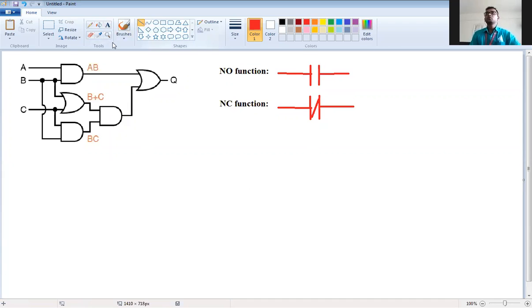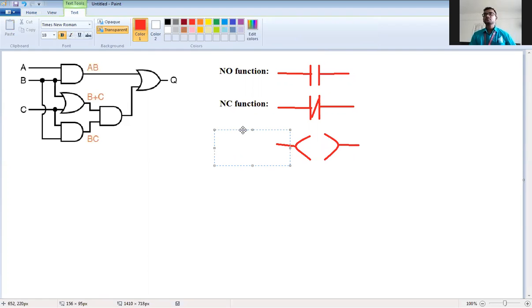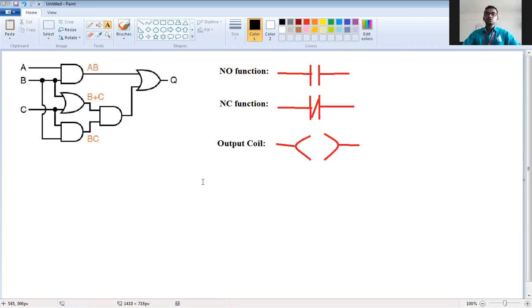And the output coil is there again. So this is the output coil. So basically we are using only these three for solving the Boolean programming expression. Okay, so only these three instructions are there.